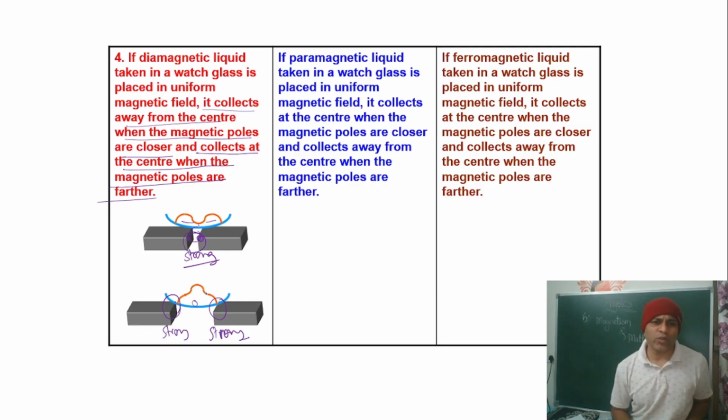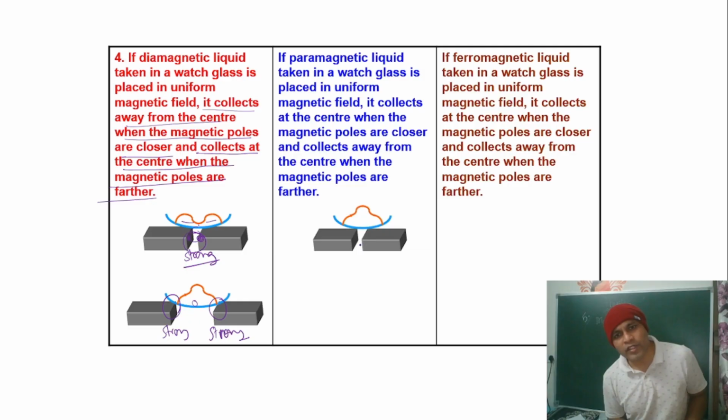Actually they should not have shown it this way, but this is what they did. If you use only a single magnet, the liquid will try to get away from the end points of that magnet. Then if you go for the paramagnetic liquid, obviously, when there is a stronger field, they will try to be near the field.